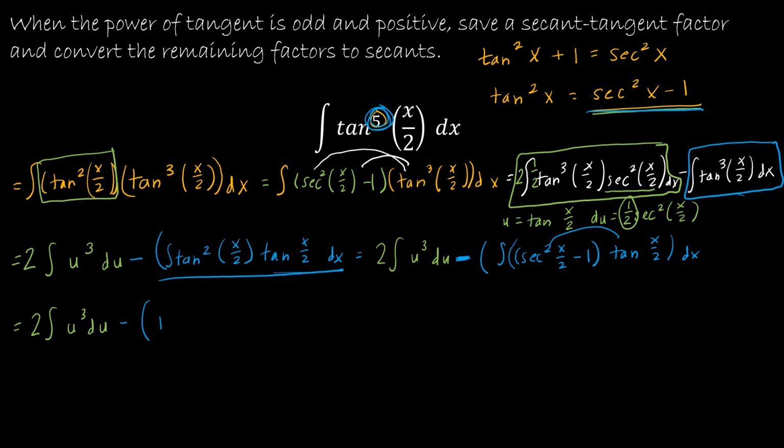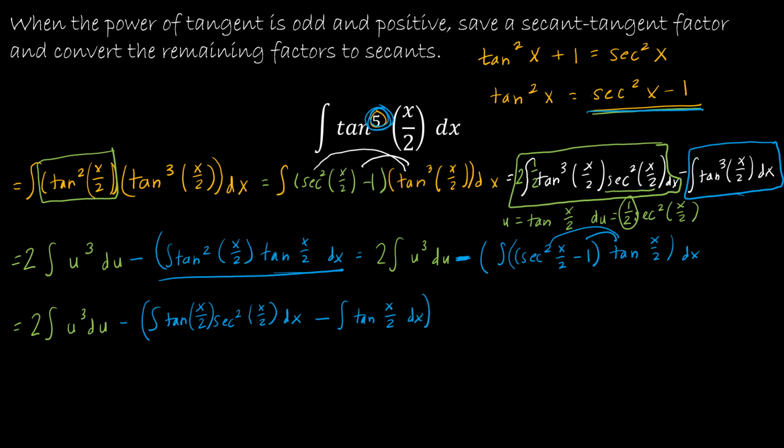I again am going to write the tangent first for the exact same reason, because that's going to be u, whereas the secant squared is going to be du. And then I'm subtracting 1 times tangent of x over 2. So that's just the integral of tangent of x over 2 dx.